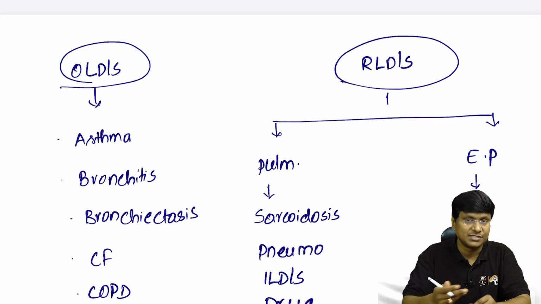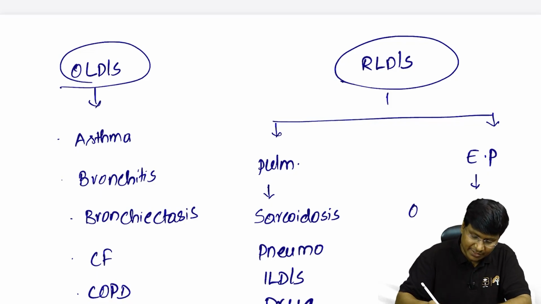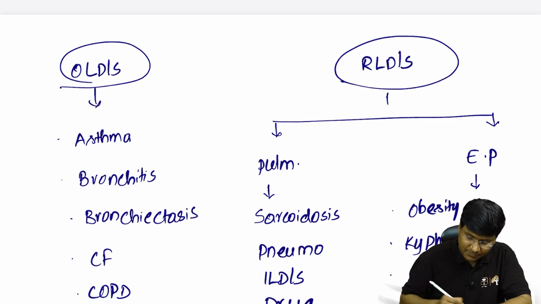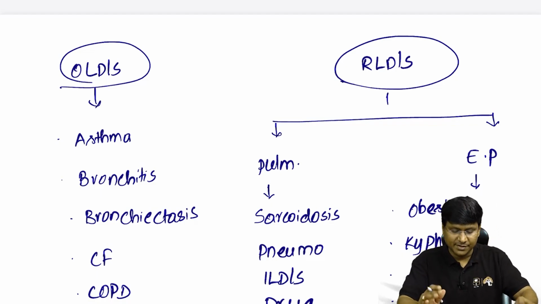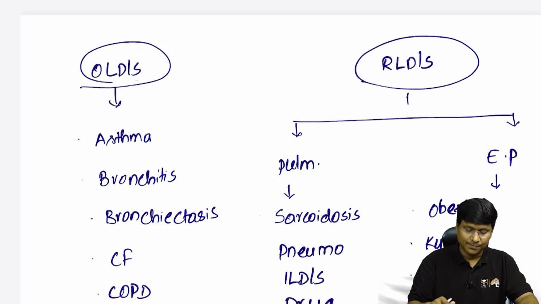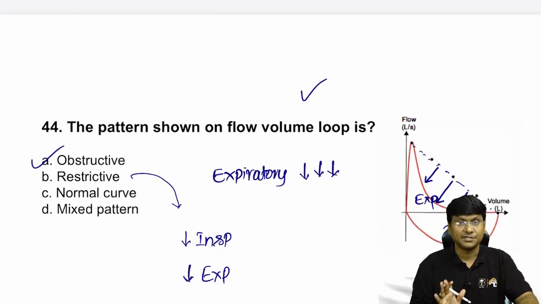The extrapulmonary causes include obesity, kyphoscoliosis, ankylosing spondylitis, myasthenia gravis, and Guillain-Barré syndrome. So this is about the pulmonary function test.